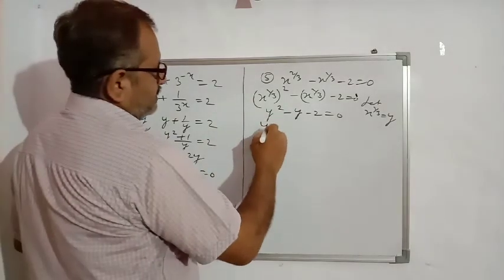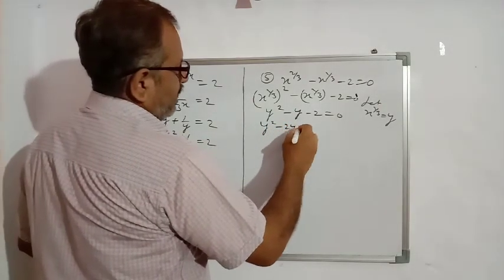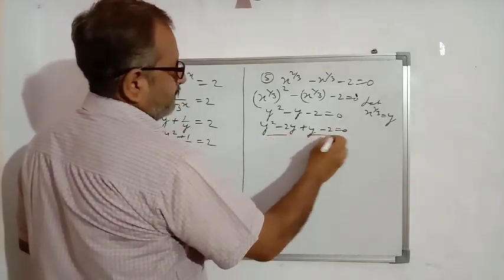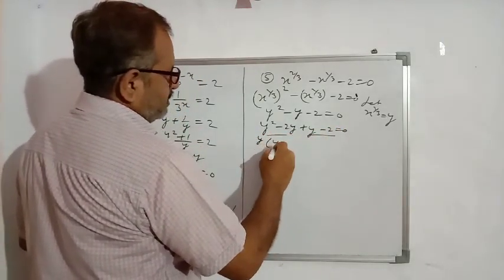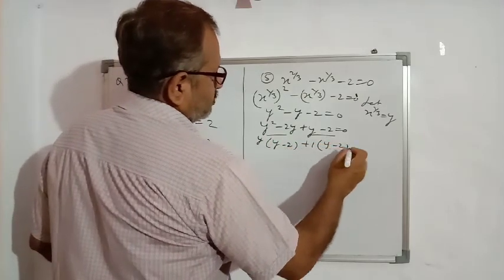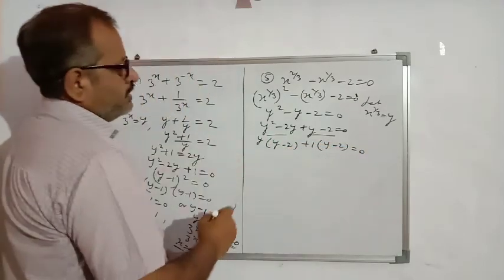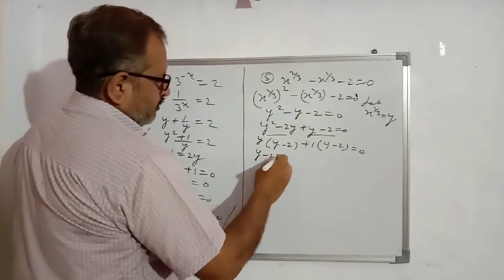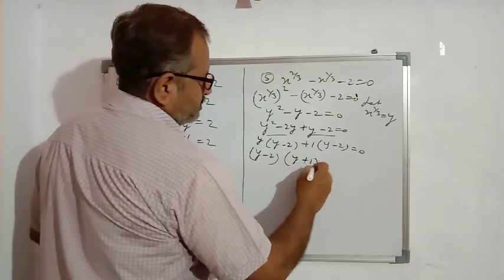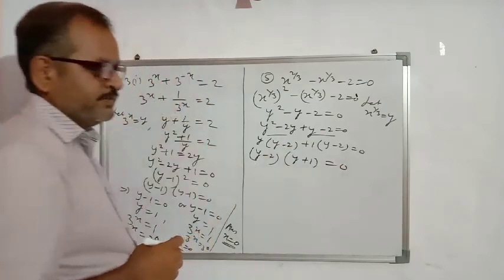Now factorize it. y square minus 2y plus y minus 2 is equal to 0. Make pairs. y common, y minus 2, plus 1, y minus 2 is equal to 0. y minus 2 common in both, y plus 1 is equal to 0.